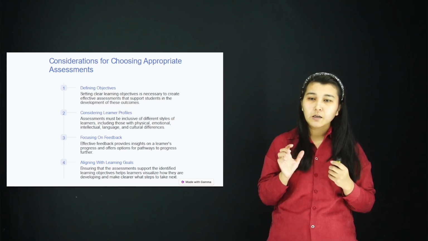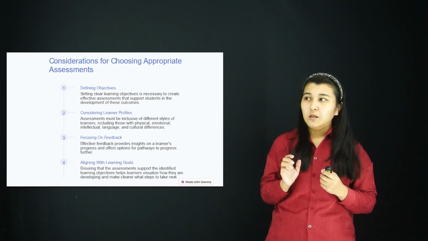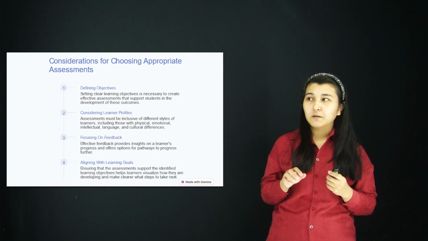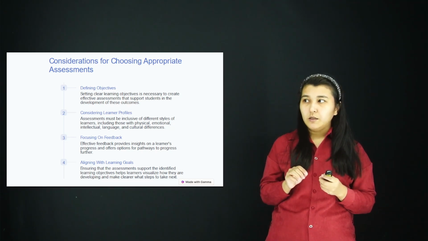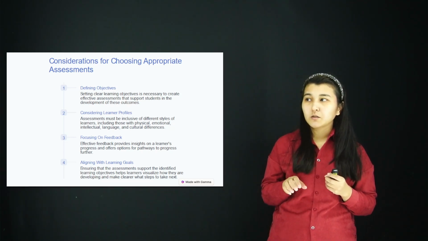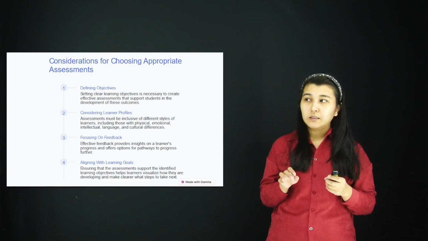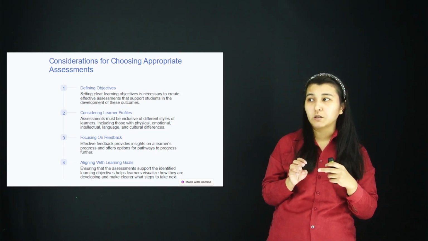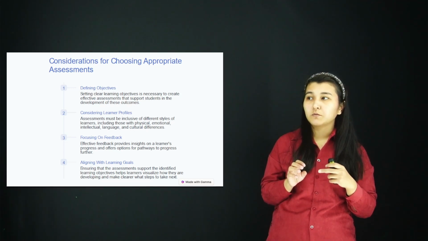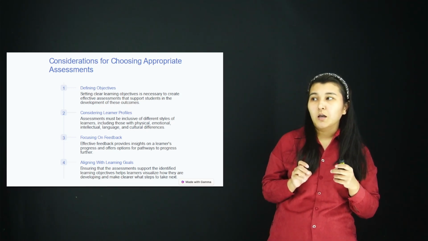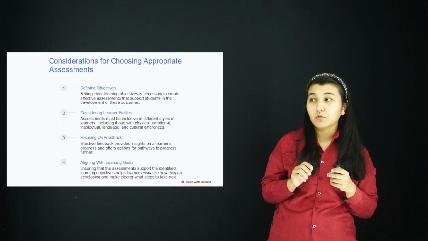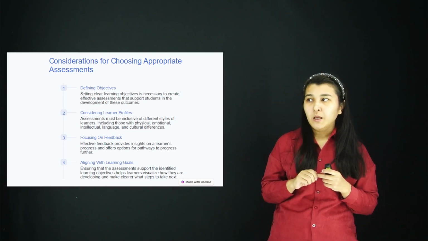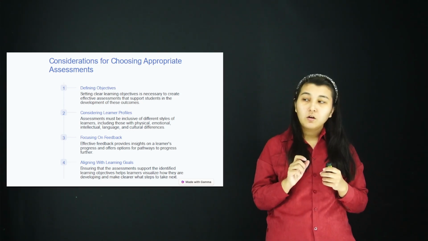We should have a clear objective, because it's necessary to create effective assessment. And the next one is considering learner profiles. Yes, we should consider their different styles of learning, including those with physical, emotional, intellectual, and of course cultural differences.